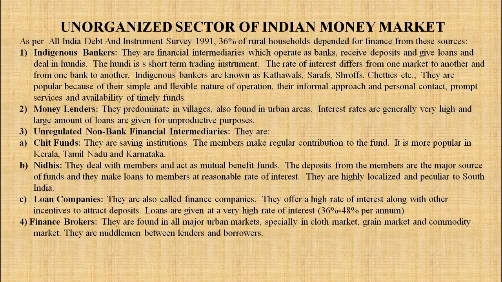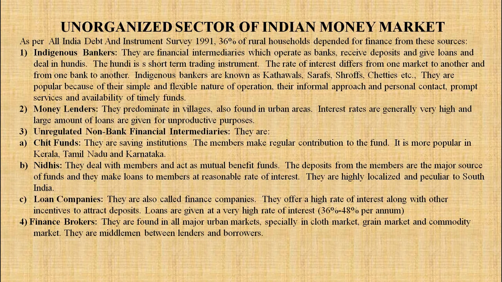Indigenous bankers are also known as Kathwals, Sarafs, Shroffs, Shetis, etc. They are popular because of their simple and flexible nature of operation, their informal approach and personal contact, prompt services and availability of timely funds. So many people prefer to go over there. Mostly they are into the rural areas.